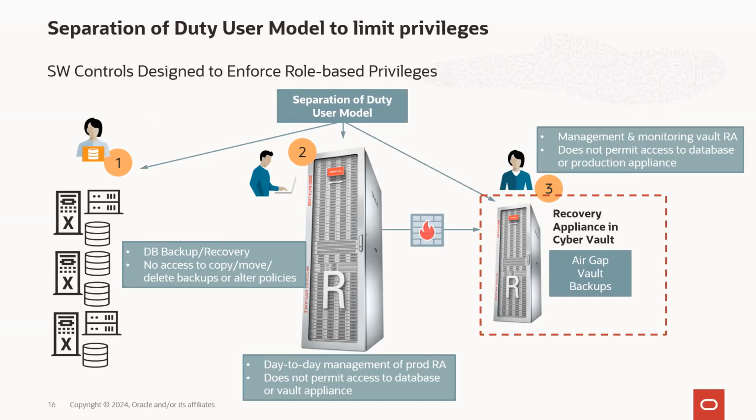They send the backups to the recovery appliance, but the DBAs do not have the ability to delete the backups that are on the recovery appliance, change the policy, or change anything to do with the recoverability of the database. They just send the backups to the recovery appliance, and they have access to restore them, but they can't do anything to damage those.